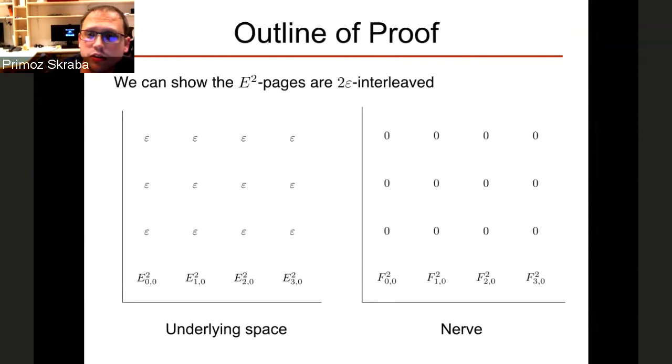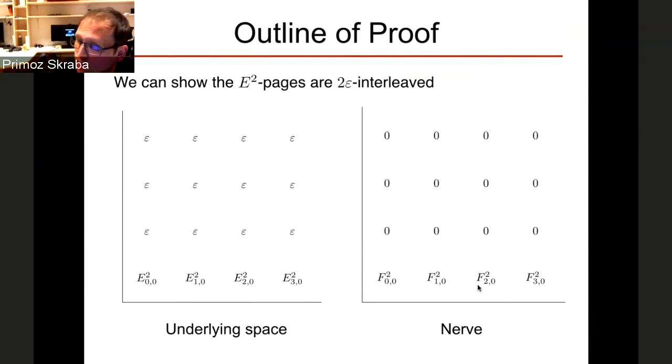Going from the E1 to E2 page requires explicit computation, and I didn't want to do that, so I'm just going to say that you lose an epsilon factor going from E1 to E2. But again, the map there is quite clear, so it's very easy to prove this result.